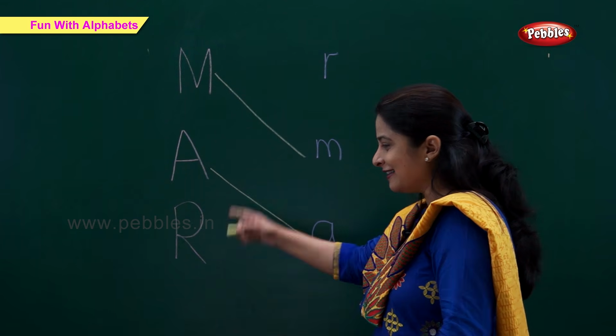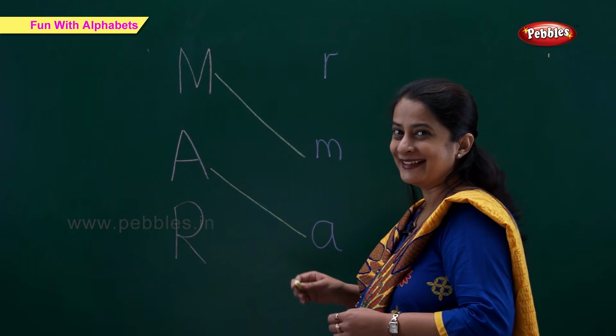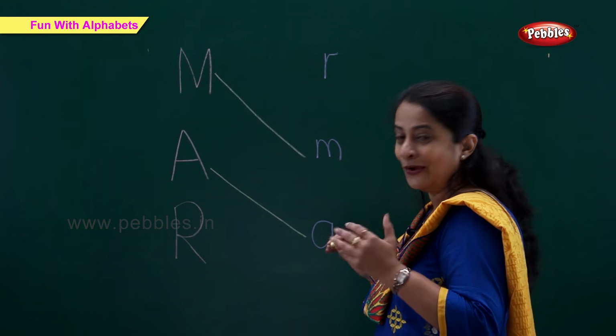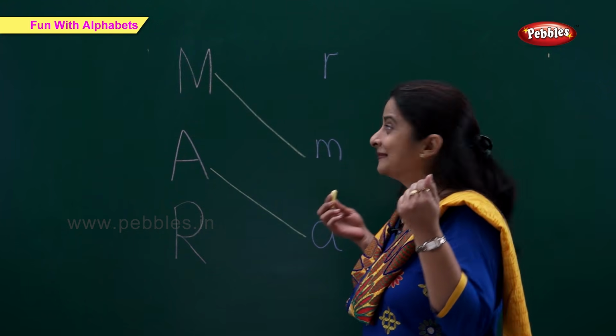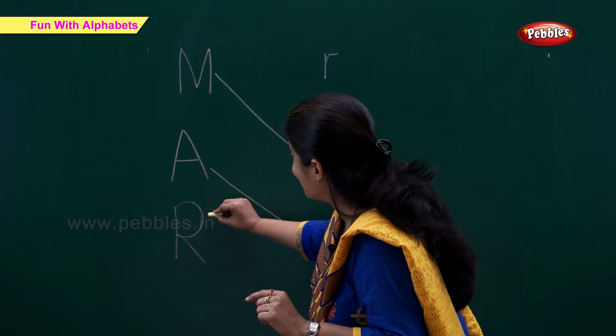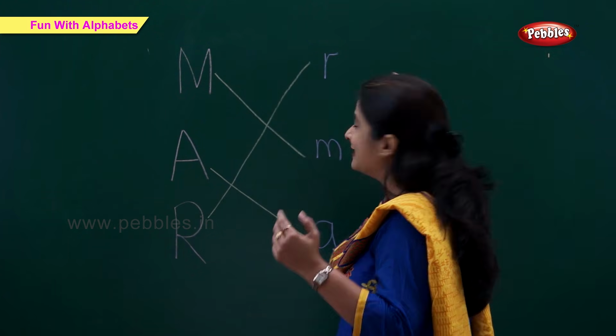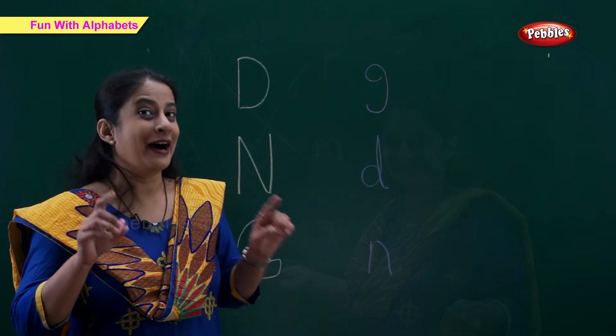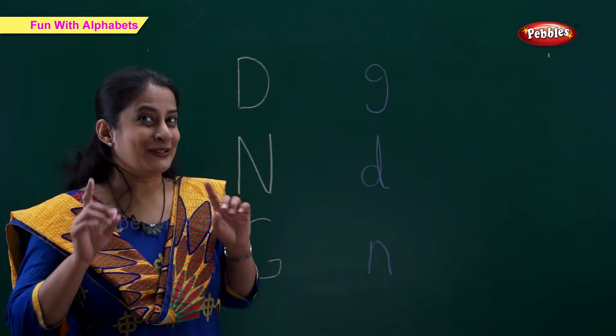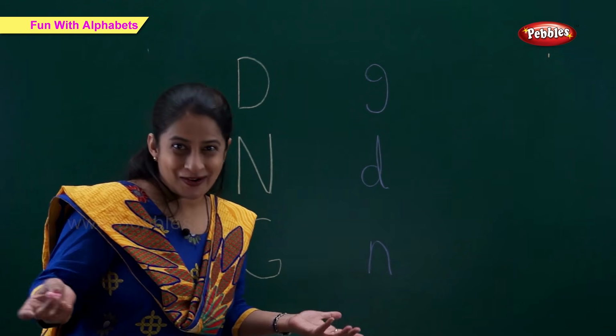And which is this letter? It's big R. So, where is small r? Yes. So, now we will match big R and small r. I know you are enjoying. So, let's match few more.